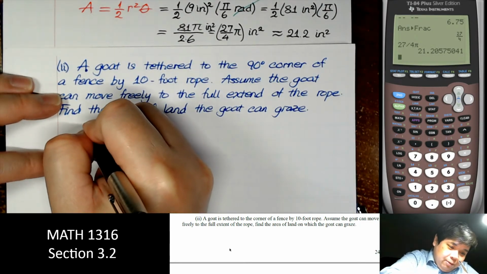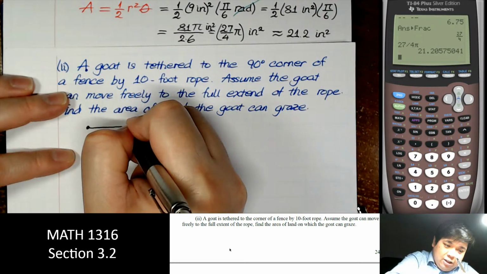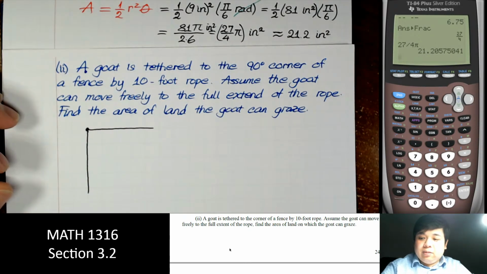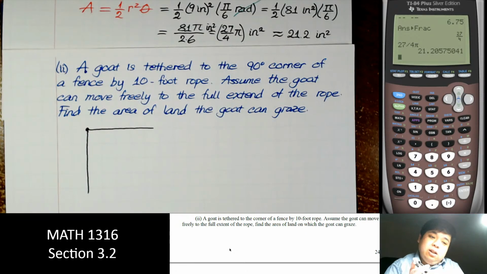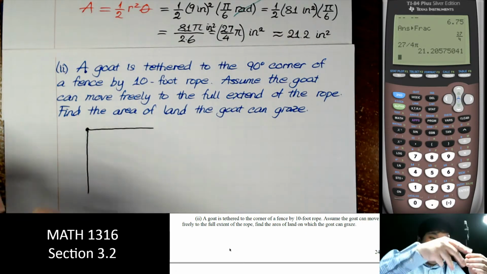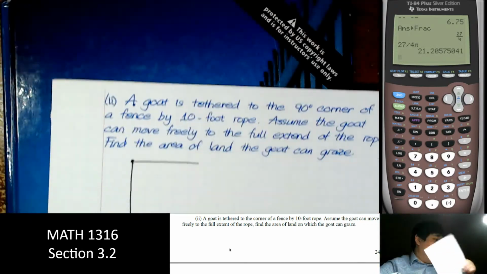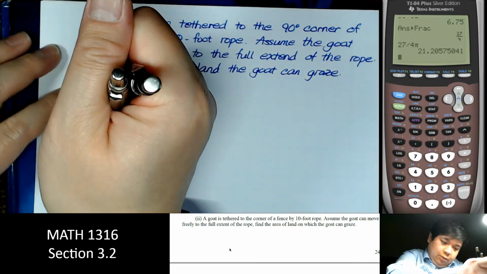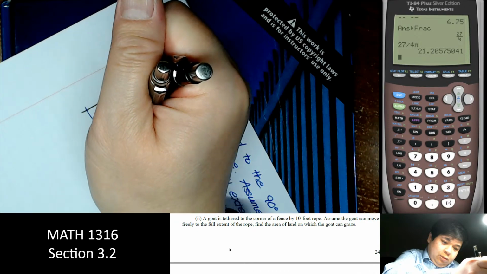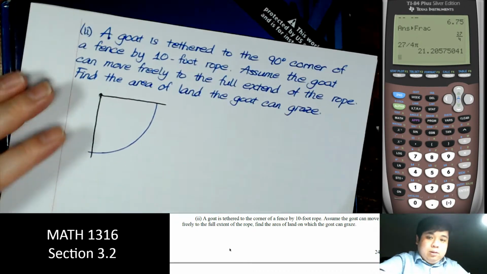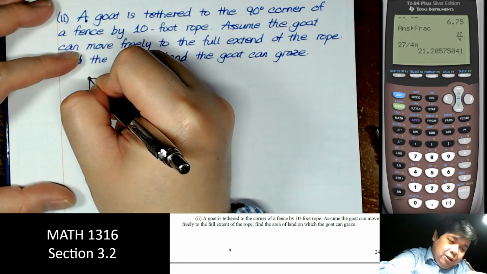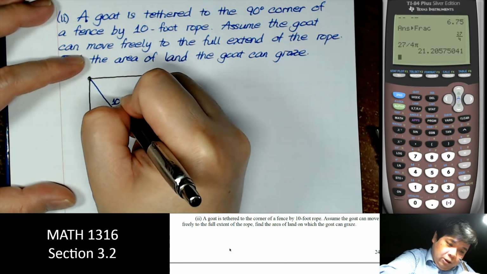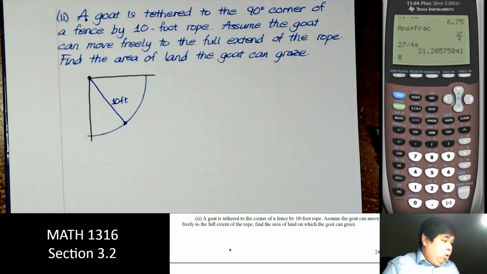So we have the corner of the fence, like that, and the goat tethered by a 10-foot rope. So the rope is 10 feet.